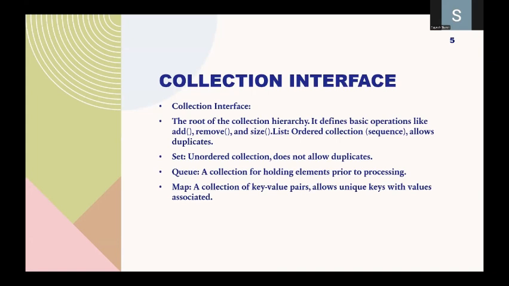It defines the basic operations like addition, removal, or the size. List: an ordered collection, a sequence, that allows duplication. Set: an unordered collection that does not allow duplicates. Queue: a collection for holding elements prior to processing. And a map: a collection of key value pairs allowing unique keys with values associated.